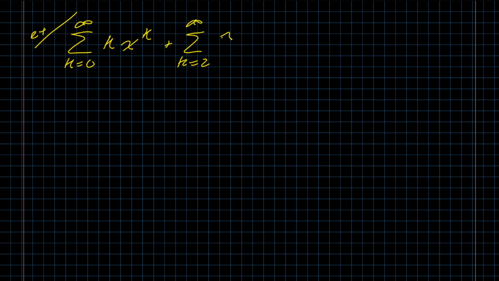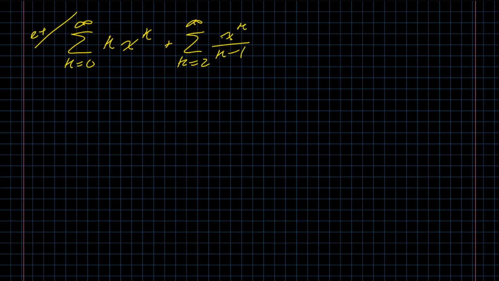Related to that, let's look at one that actually has some numbers involved. Let's go, k goes from 0 to infinity of k x to the k. And let's go k equals 2 to infinity of x to the k over k minus 1.